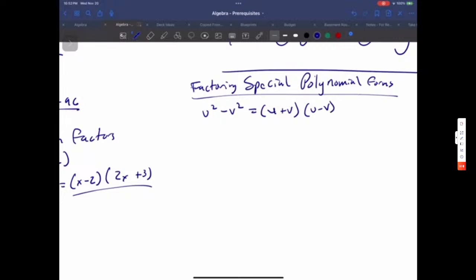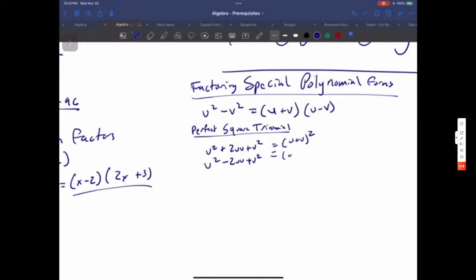Same thing. What if it's a perfect square trinomial? u squared plus 2uv plus v squared, or u squared minus 2uv plus v squared. That's going to factor to, guess what? u plus v squared and u minus v squared.